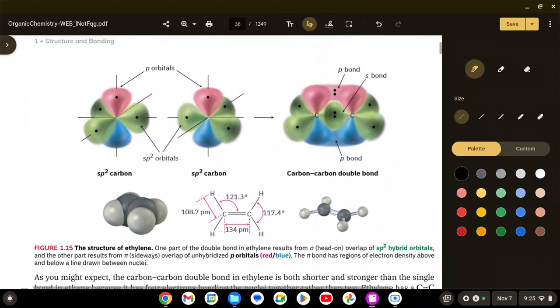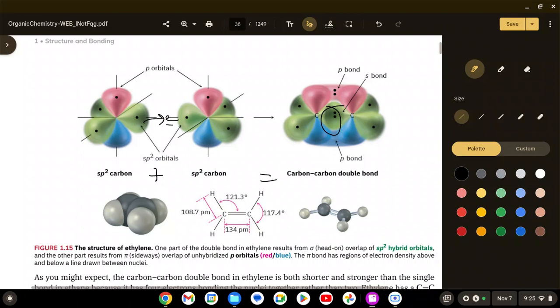Yeah, and so what we're seeing here is before, so I'll go ahead and do plus equals. Basically what happens is you get these two guys coming in at each other and then they bond right there. Then your p orbitals are close enough to essentially delocalize the electrons between the two carbons.